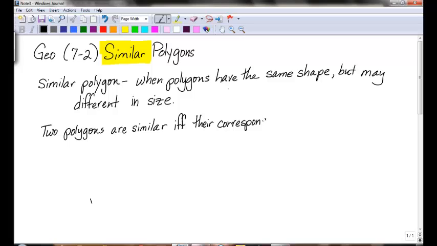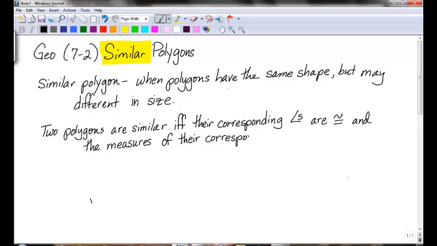Two polygons are similar if and only if their corresponding angles, and you can just use the symbol for angles, their corresponding angles are congruent and the measures of their corresponding sides are proportional.